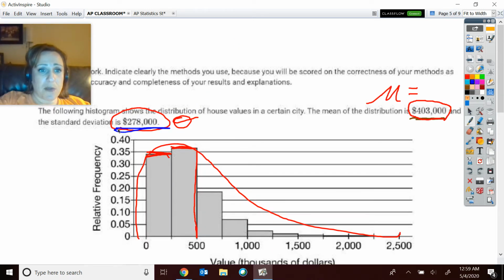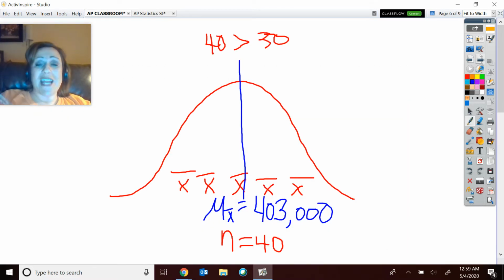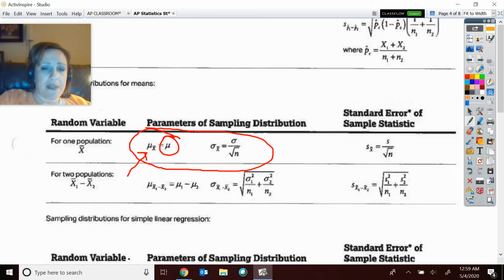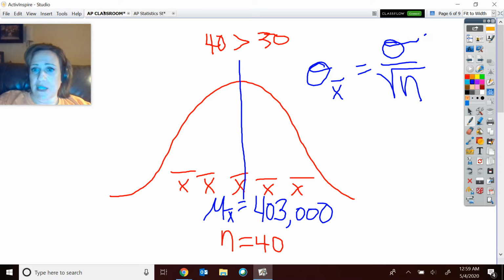The variability of this population is 278,000, but for the sample means we're going to have less variability. How much less? The standard deviation for these X bars is the population standard deviation divided by the square root of n. So I take that 278,000 and divide it by the square root of 40, and that's how much more compact it is.